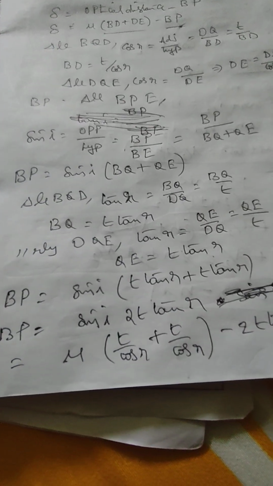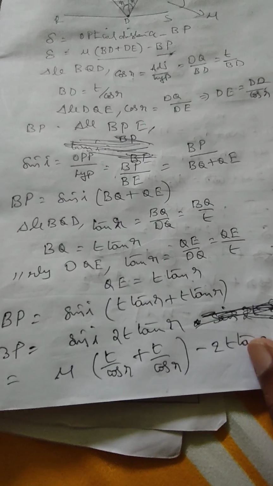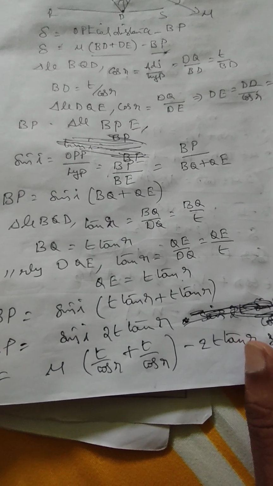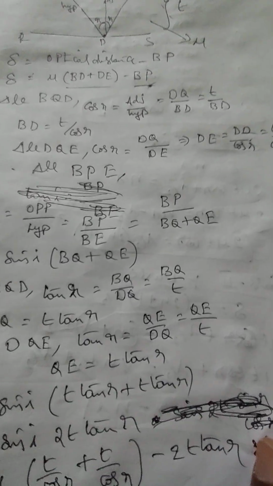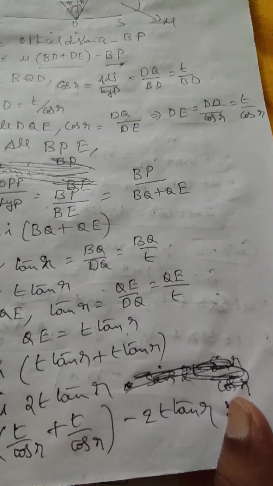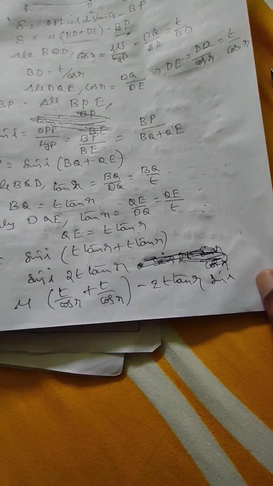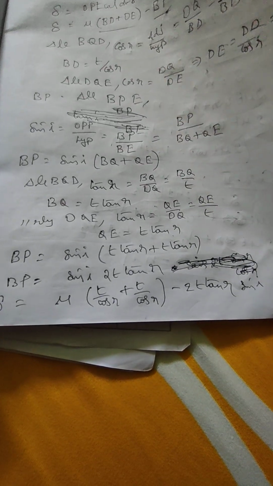These values are substituted in the path difference equation. Delta is equal to mu into BD plus DE minus BP, that is mu into t by cos r plus t by cos r, minus the BP value.